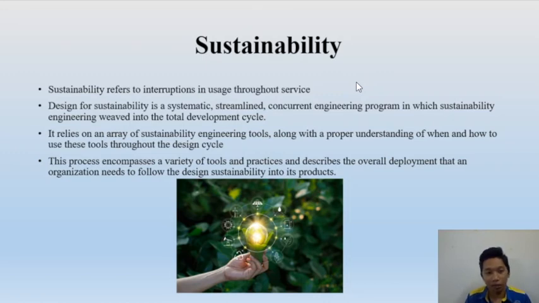It relies on an array of sustainability engineering tools along with a proper understanding of when and how to use the tools throughout the design cycle. This process encompasses a variety of tools and practices and describes the overall development that an organization needs to follow to design sustainability into the product.